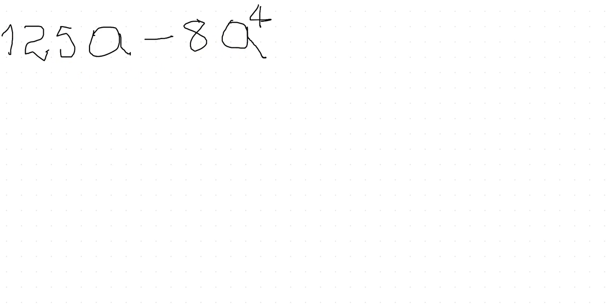So what we see here, by observation, we can say this is like 5 to the power of 3, right? We note also this is like 2 to the power of 3. But I have an a here and I have a 4.